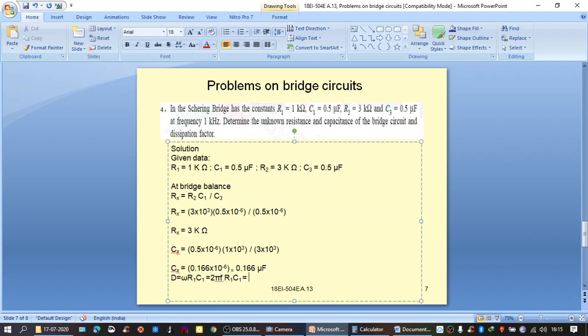And that is equal to 2 into pi is 22 by 7, into F is 1 kilohertz, so 10 power 3.